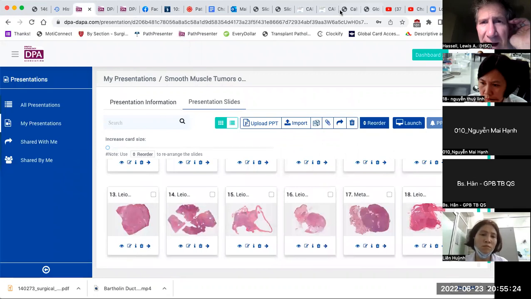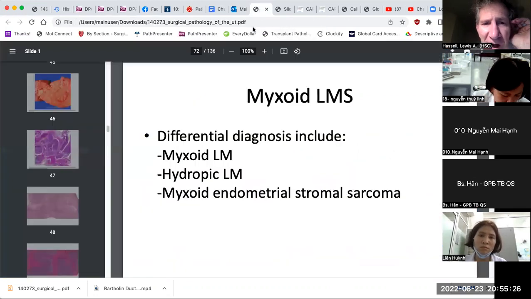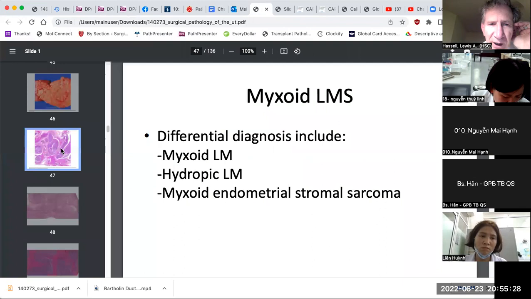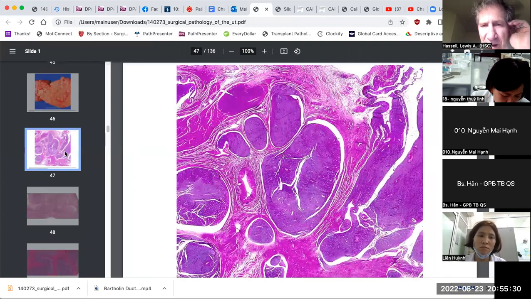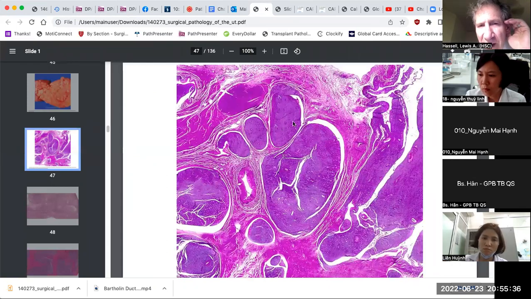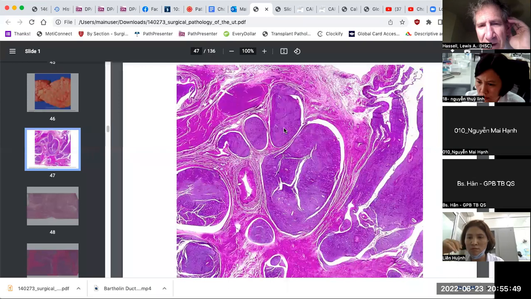Okay, so the differentiation between endometrial stromal sarcoma and leiomyosarcoma. Well, first of all, the morphology can be very helpful. One feature for endometrial stromal sarcoma is a very diffuse pattern, and the cells tend to be a little more stellate rather than spindle shaped.